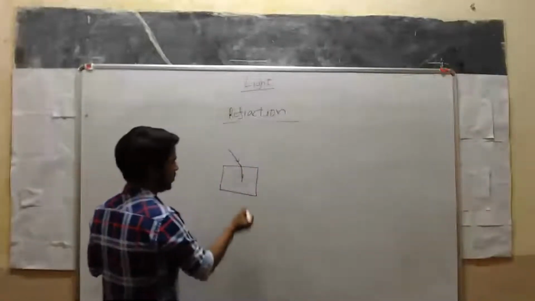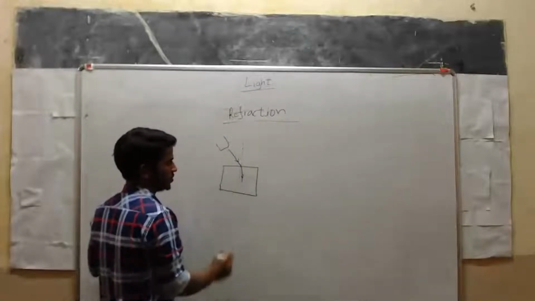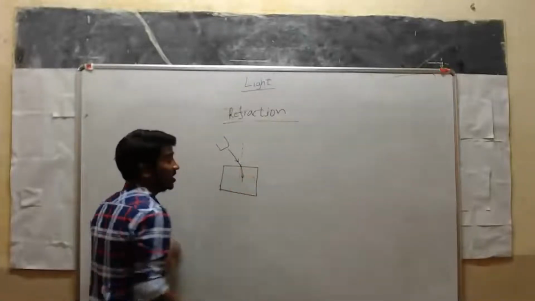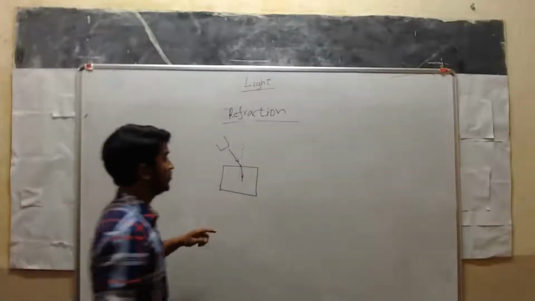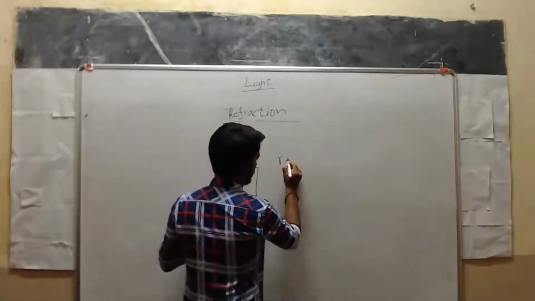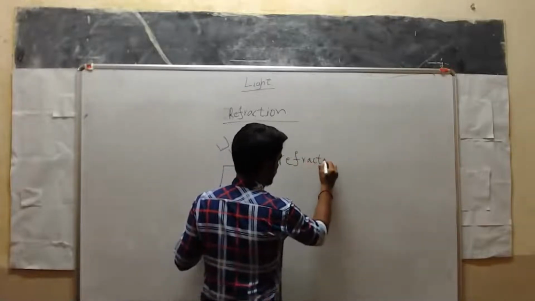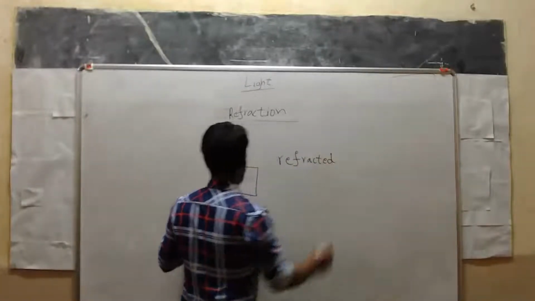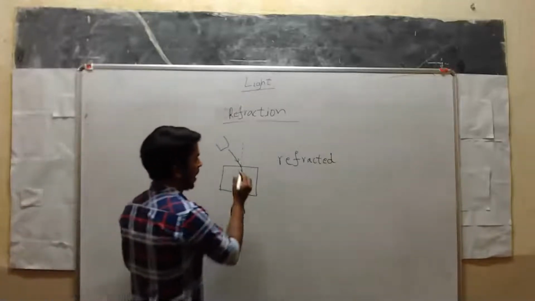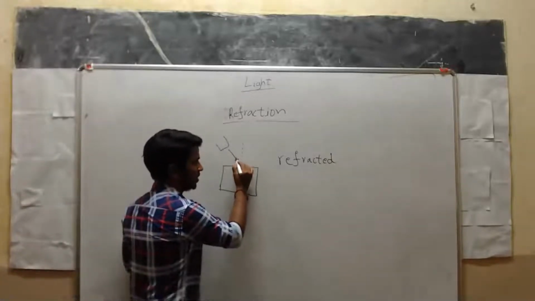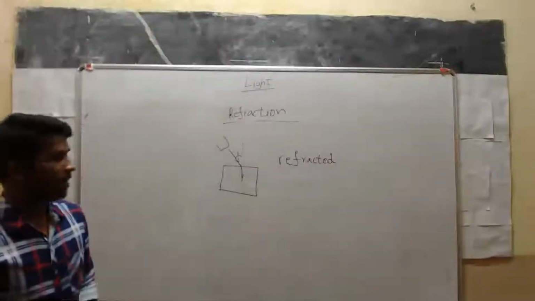See here, we call this the incident ray because the ray is coming from the source, and this the refracted ray, not reflected ray. The angle between the incident ray and normal is known as the angle of incidence. We use a small i for it.